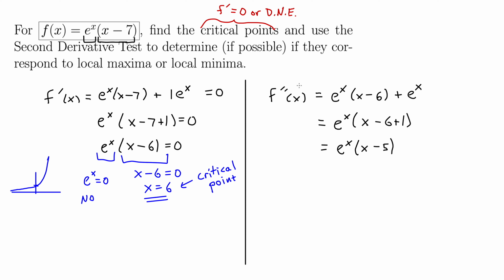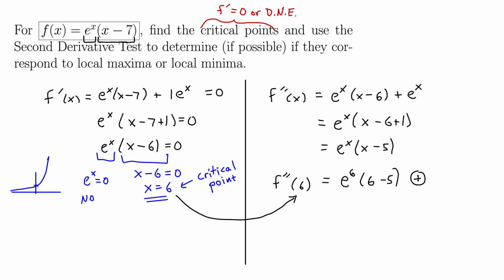So we are now finally ready to use our second derivative test. We just plug in f double prime at 6. Where did that 6 come from? That's our critical point. To see if it's positive or negative, well, e to the 6th times, and we don't really need to know what it is, we just need to know the sign of it, 6 minus 5, I'm thinking that's positive.